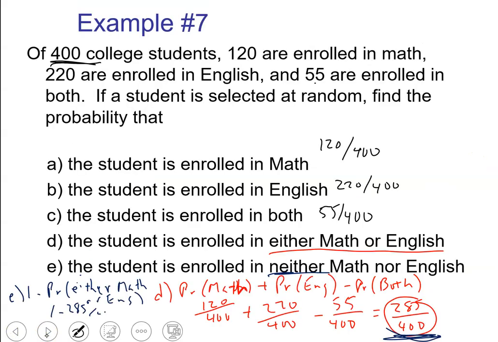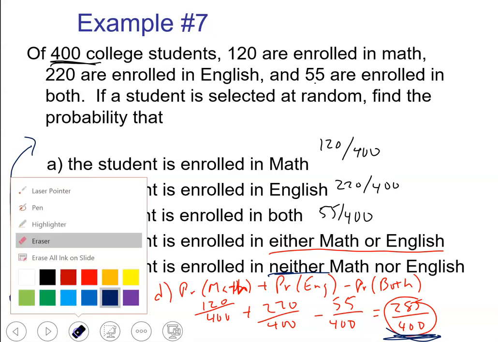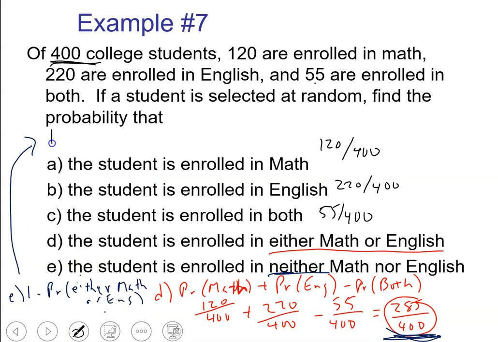I'm going to have to continue this up here. Sorry about that. Let me go up here. So I can just erase this because that's causing me some fits. So 1 minus 285 over 400. And again, 400 over 400, you can just use your calculator. 115 out of 400. And this is for E.